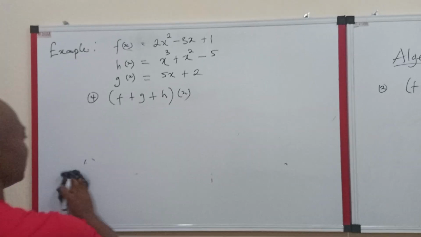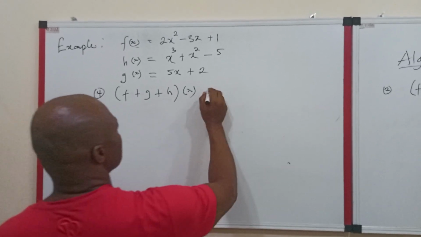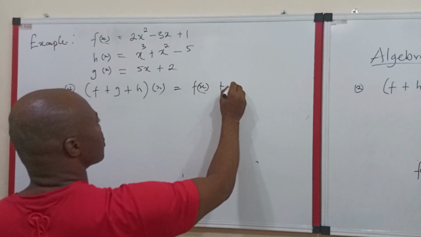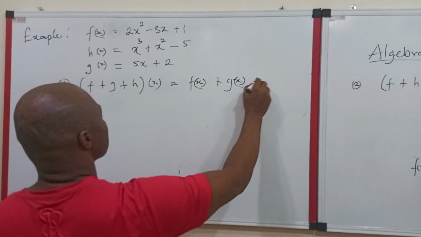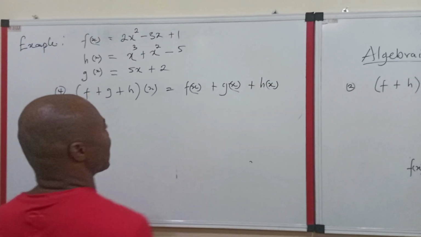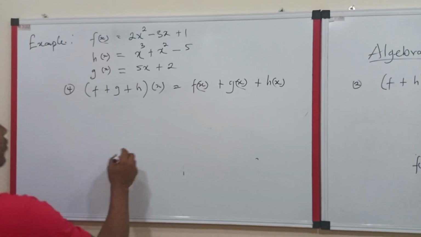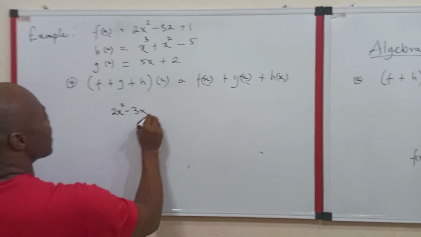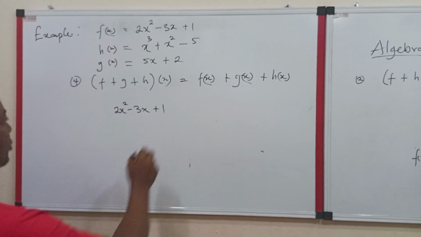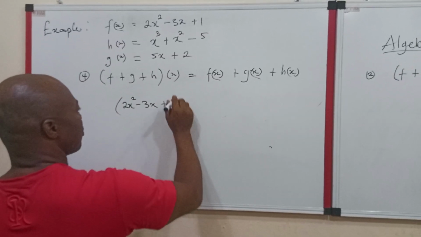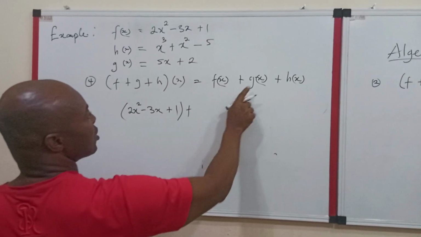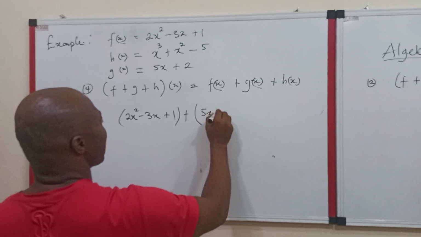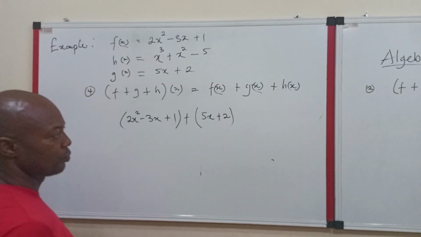Now, based on the definition, this one is the same thing as f of x plus g of x plus h of x, where you have your f of x as 2x squared minus 3x plus 1, plus g of x, which is this, where we have 5x plus 2.